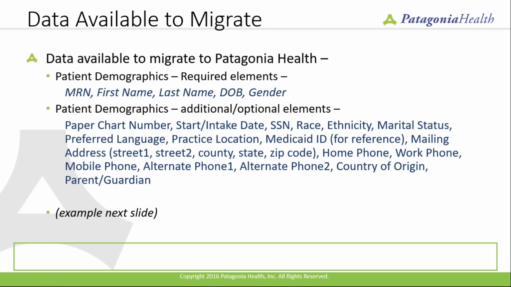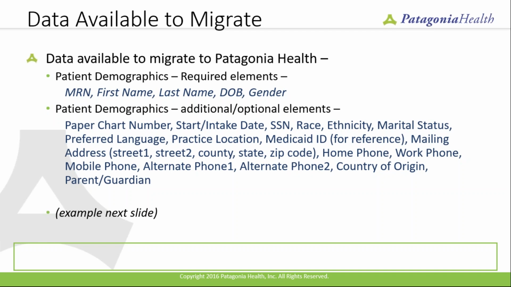Data items that are available to be migrated as part of a Patagonia Health system implementation, and as defined or purchased or included on a sales contract, include some of these standard items. Like demographics, which is a pretty straightforward process. And within the demographics, there's some required elements that we absolutely have to have.